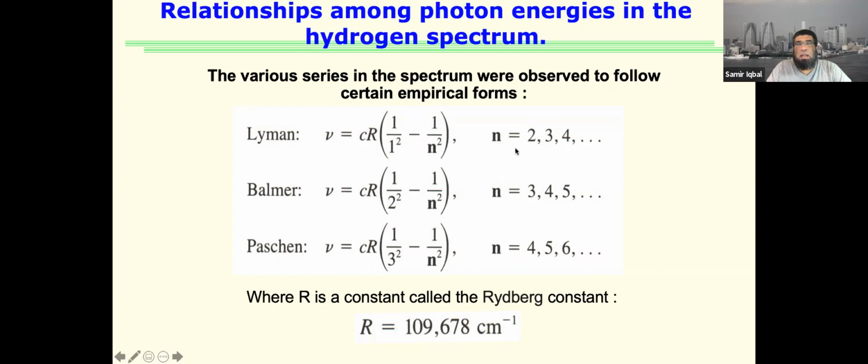What else is here? N. N is a whole number, 2, 3, 4, 3, 4, 5, 4, 5, 6. For 3 relationships, it has a unique value to it. What does that number tell us?